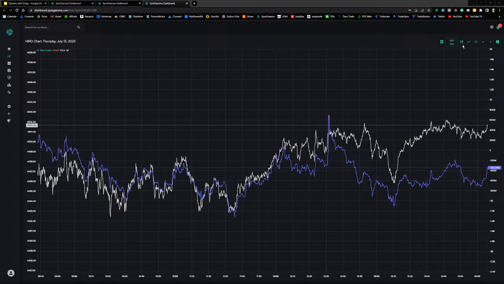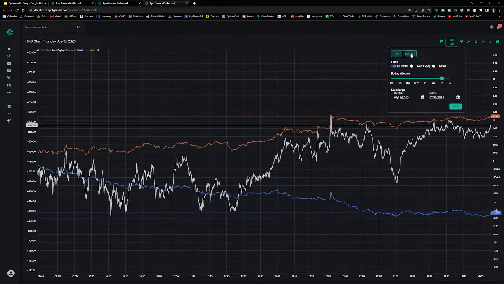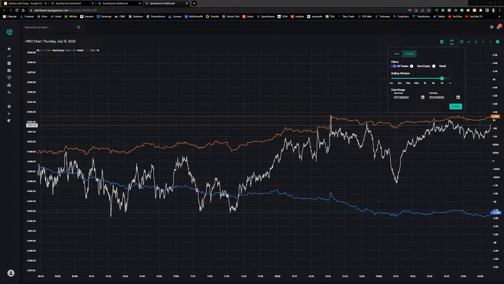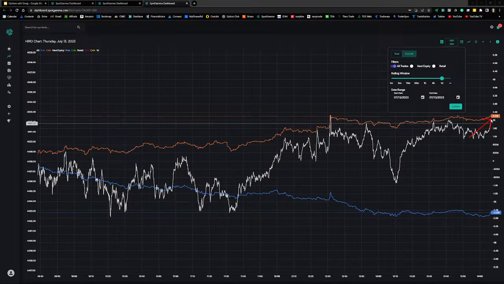And let's just see what they are doing. Separate out puts and calls. So they're buying calls, that's shown by the rising orange line and the positive number there. And then they're also buying puts, that's shown by the falling blue line and the negative number there.